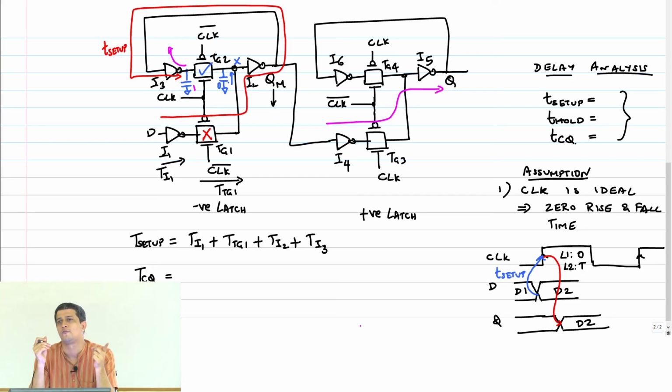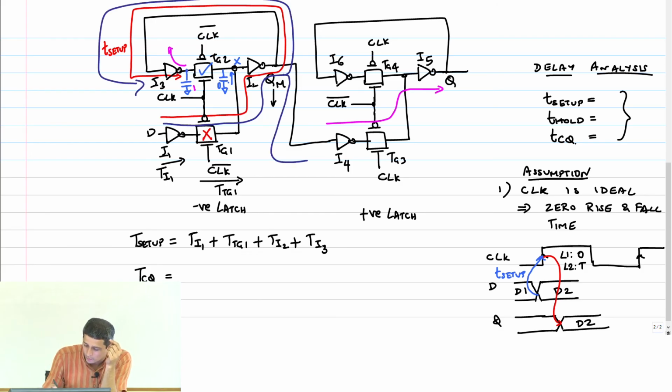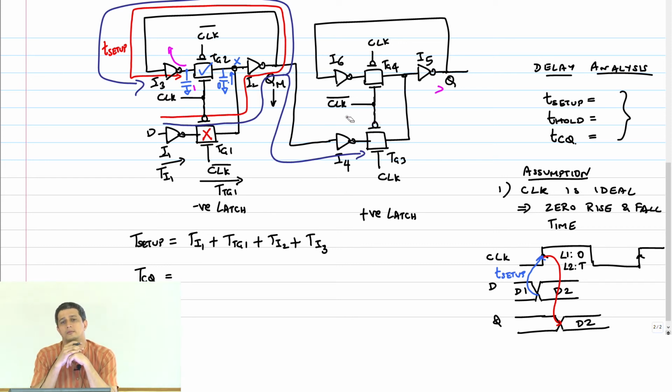You don't need I4 because my signal has already propagated through I2. Remember, you see how the signal is coming. It's basically coming in like when it traces this path and comes here. By the time the signal goes all around like this, the signal would have also gone here. Therefore, I4 is not needed.